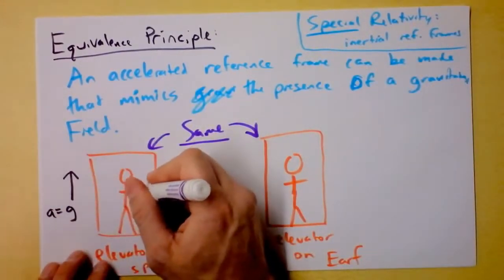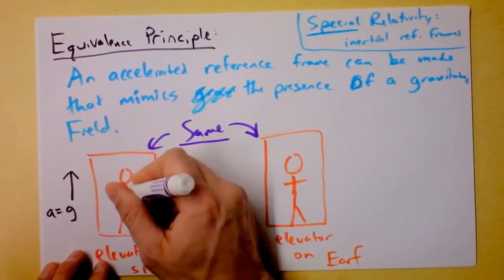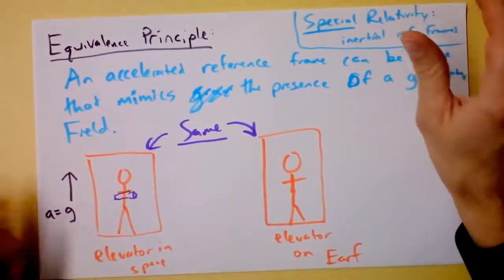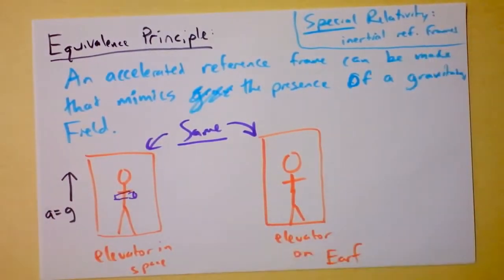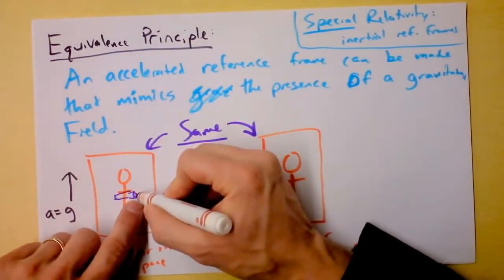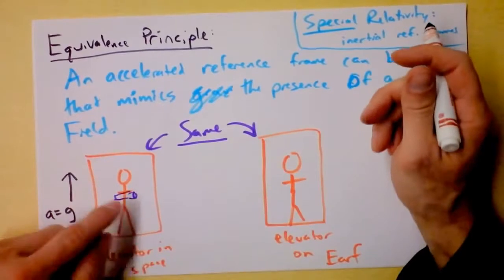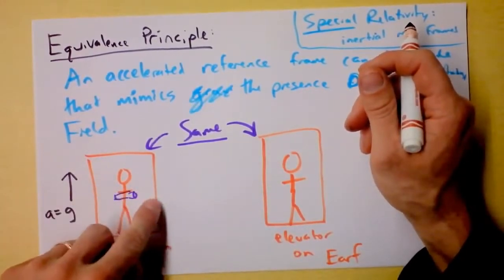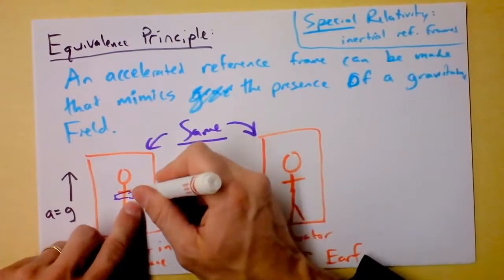I give this guy a flashlight, and no, let's give him an electric torch. And it's pointing that direction, and the light comes out, and I'm going to assume now that this acceleration is really, really much bigger because I need something interesting to happen. If he's accelerating upward, then the light won't follow a straight path, because the light that left a long time ago is going to be hitting the wall a little bit lower than the light that is leaving right now.